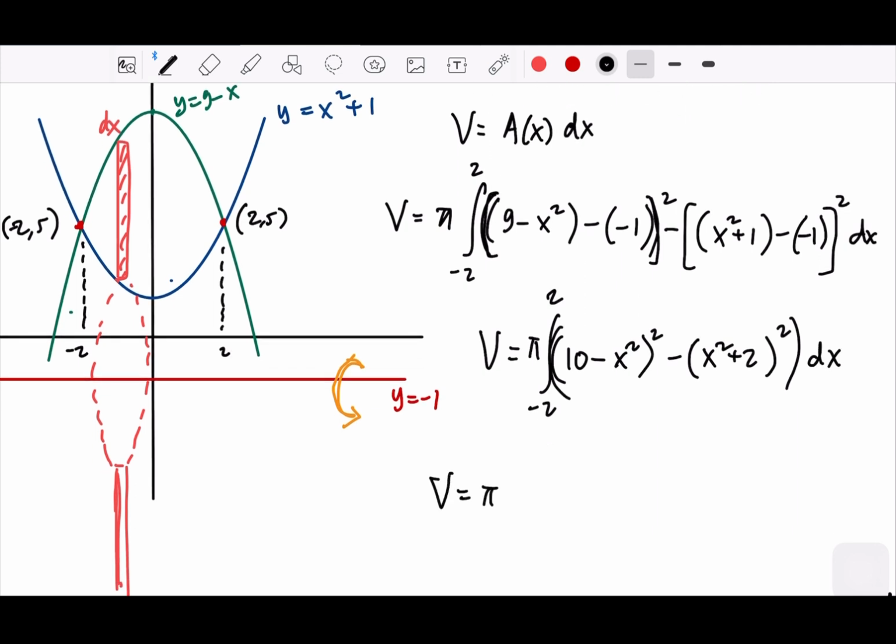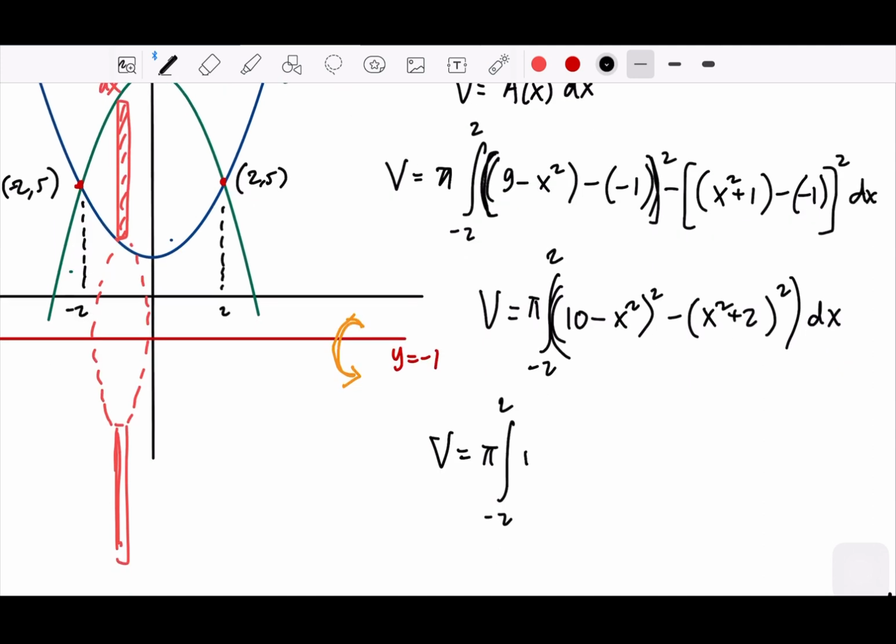So the volume is still an integral. We haven't integrated yet. So this will be 100. Maybe I'll write here. 100 minus 20x squared plus x to the fourth, minus the expansion of the other.